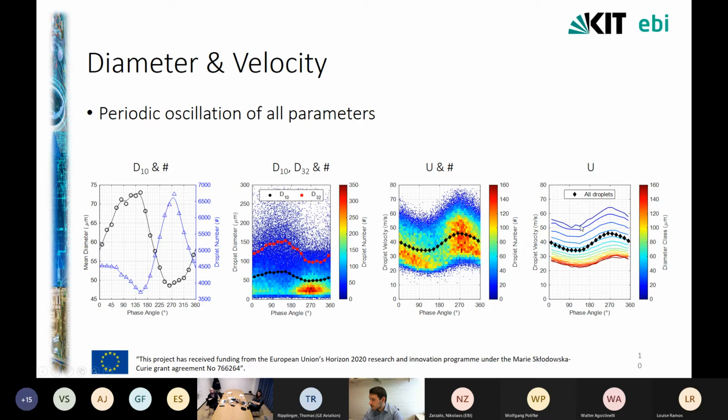Also, as the diameter gets higher, not only is the average velocity lower, but the amplitude of the oscillation is smaller. After some point, I would say after 100, 110 micrometers, the curves pretty much collide one on top of the other, they stack. This is the minimum border, the minimum velocity, which matches pretty much the edge of the raw data that we have here.